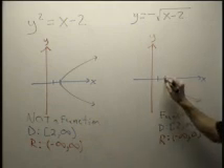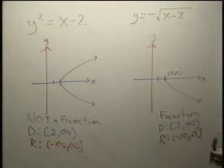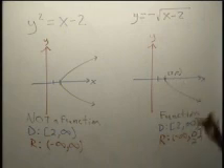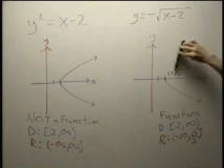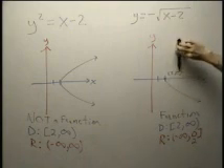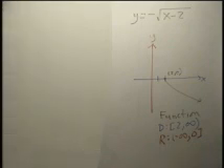People will recognize that this is the point 2, 0, and they will accidentally put a 2 here because they're looking at the x value rather than the y value. It's important when you're determining the domain and the range to recognize which are your x values, use those for the domain, and which are your y values, use those for the range. So this should be negative infinity up to 0.